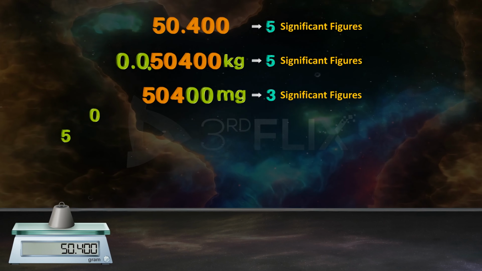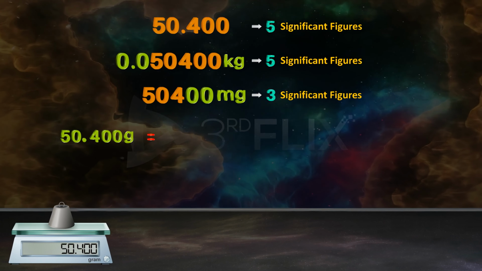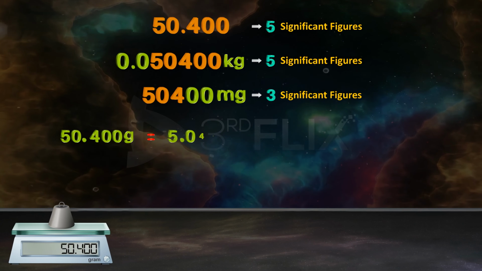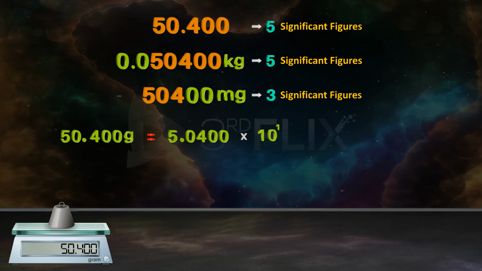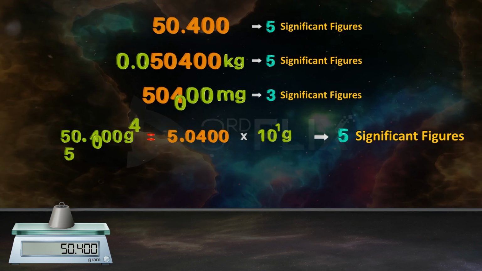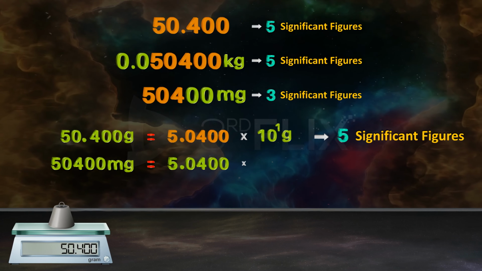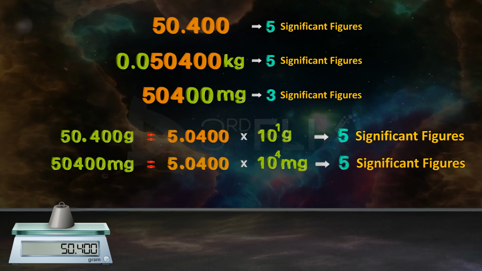The value of 50.400 grams in scientific notation is written as 5.0400 times 10 to the power 1 grams. In lower order, this is 5.0400 times 10 to the power 4 milligrams.